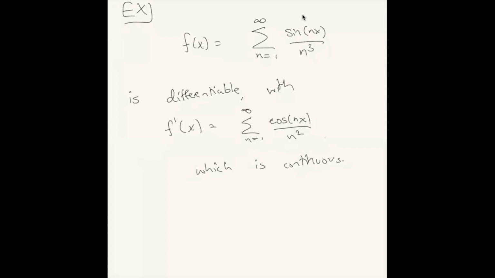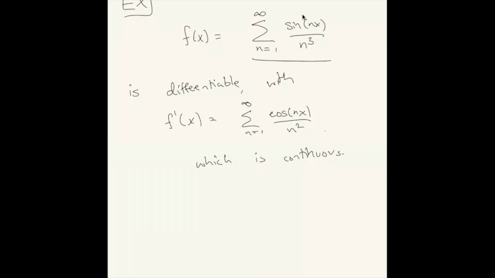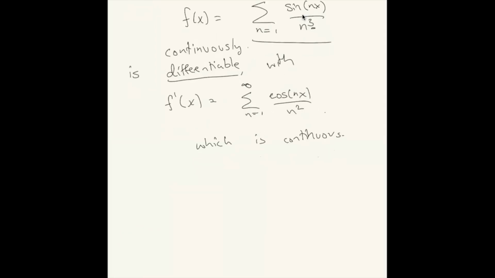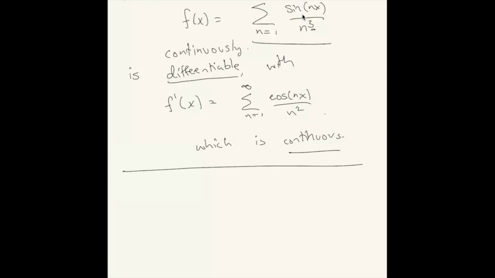But let's combine two things, what we did on Monday and what we did today. This is a very quick thing. Again, if you put a higher power, n cubed, then you actually get that you are continuously differentiable. In particular, you have a derivative which is continuous. Okay, why is this? You have to apply the Weierstrass M-test twice.